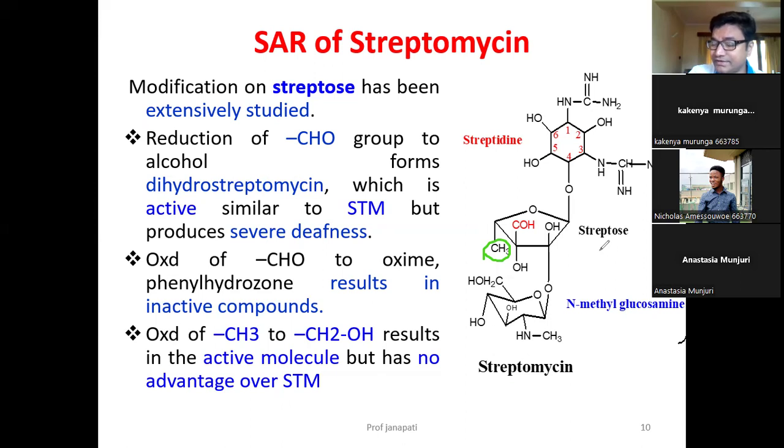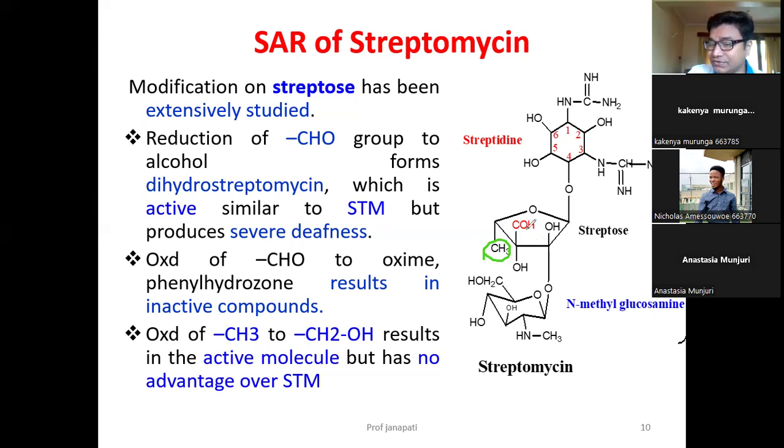Whatever they tried, they got a good molecule only with dihydrostreptomycin, that is, reduction of the aldehyde group to the alcohol group. But ototoxicity was more severe than streptomycin. That's why they stopped this one.